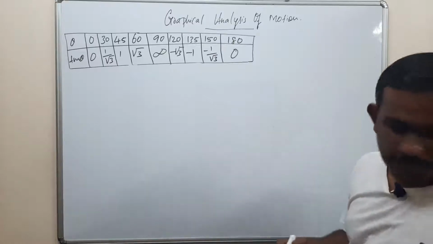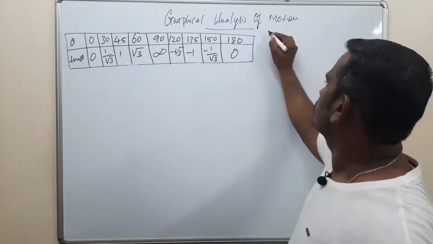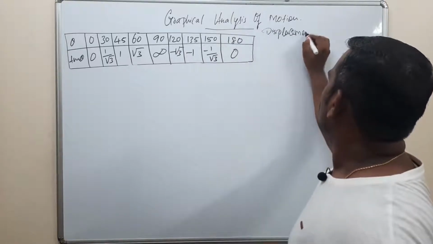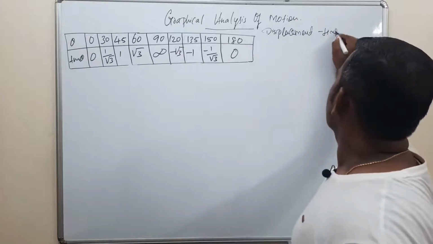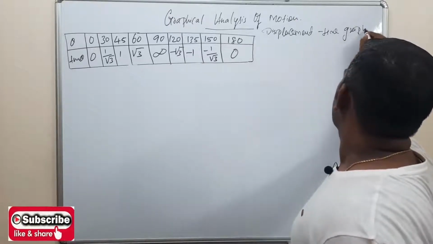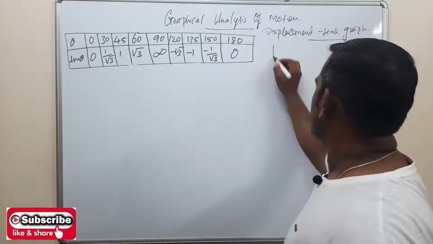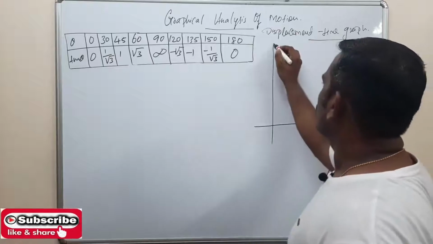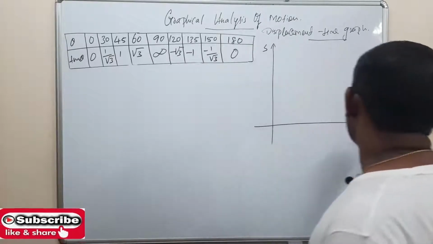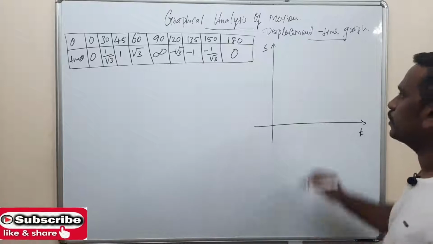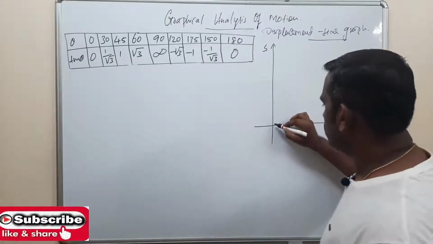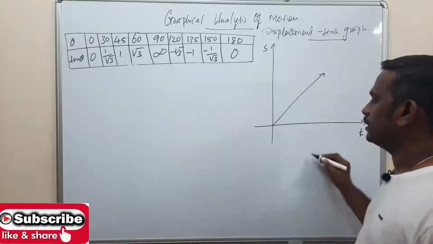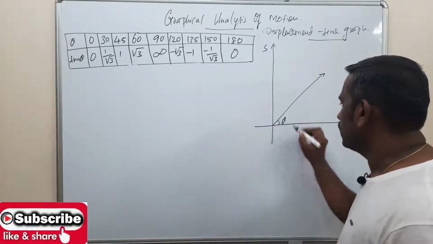So the next is the displacement time graph. Consider a displacement time graph. So this is displacement versus time, and this graph makes an angle theta.